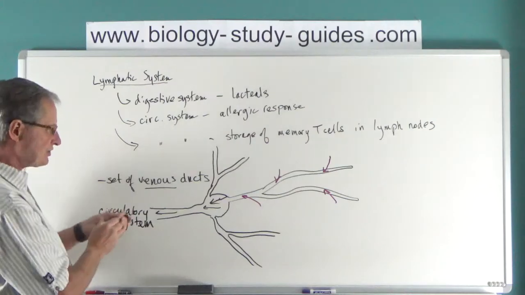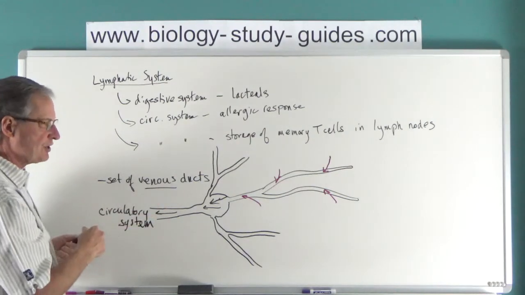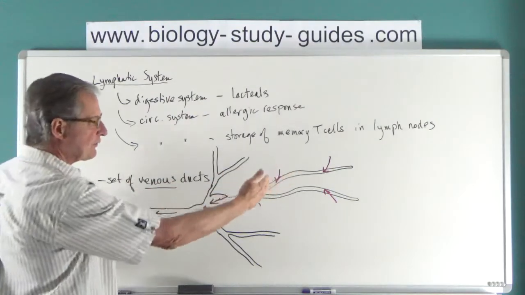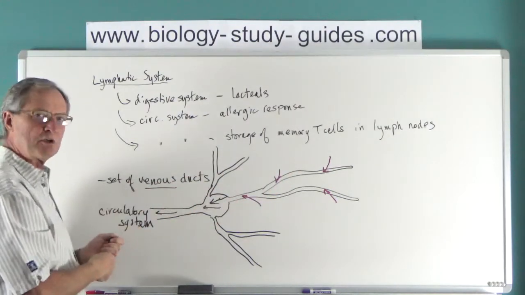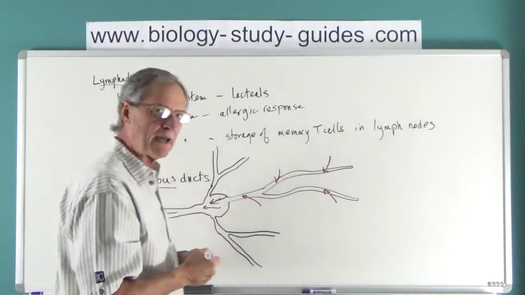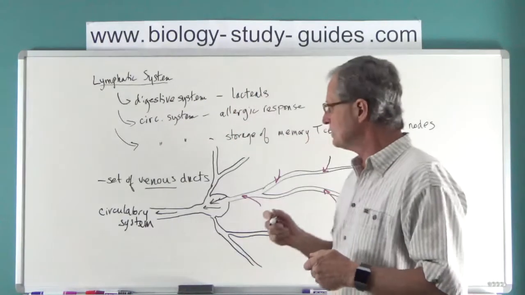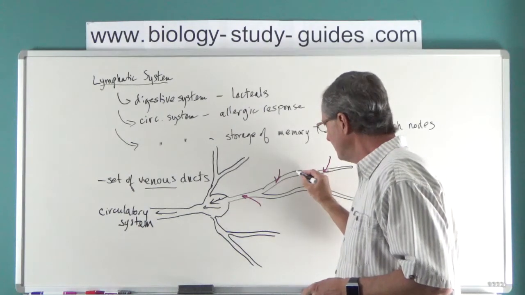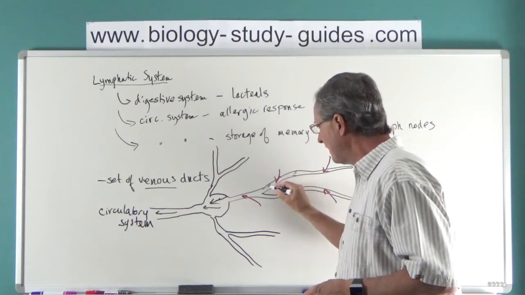It's called a venous system because there's nothing pumping it. There's no heart on the other end. There's no reason for this fluid to be drawn. It's simply moved by muscles the same way as fluid is moved in your veins, because here there are also valves. There are little valves in here.